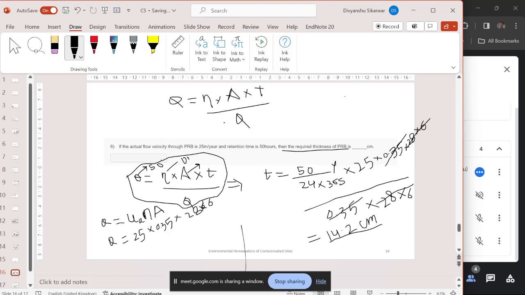Here we have to calculate T. So T will be HRT into discharge divided by velocity and cross-section area.